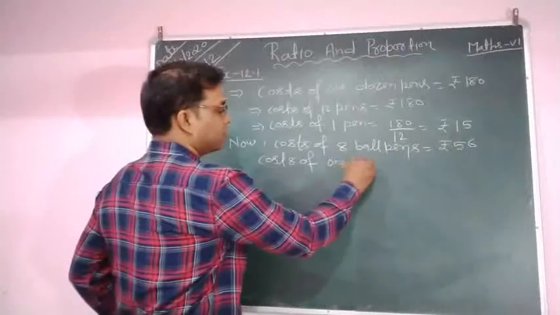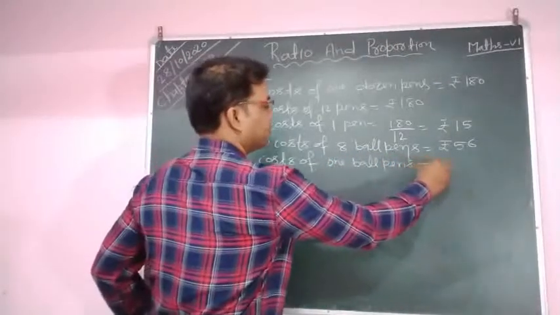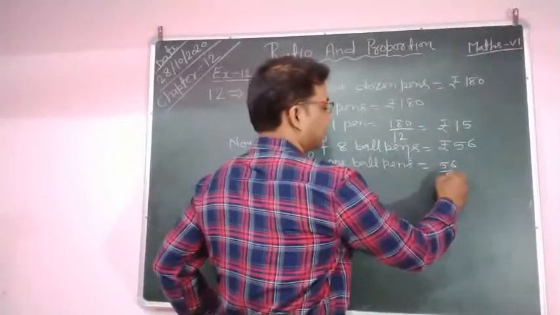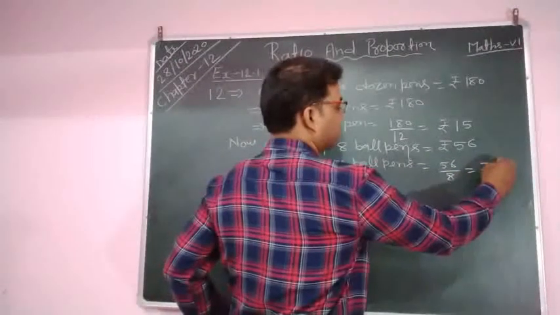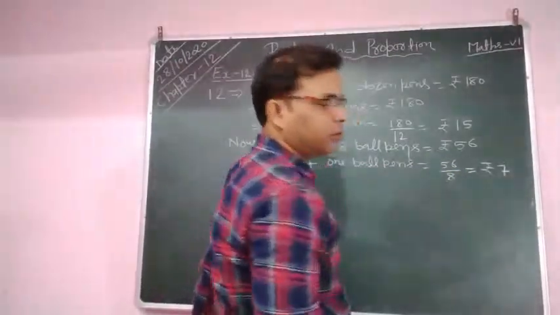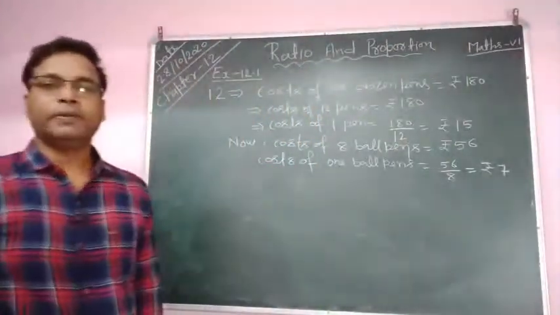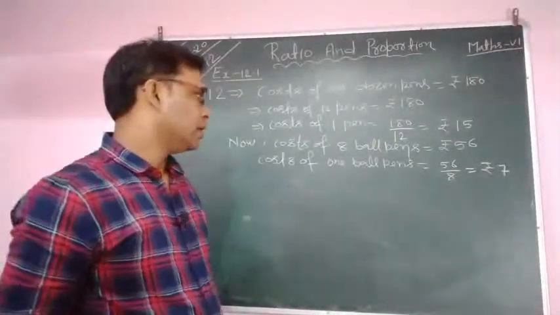Cost of 1 ball pen is equal to 56 by 8. If you divide 56 by 8, then you obtain 7 rupees. This is clear now.